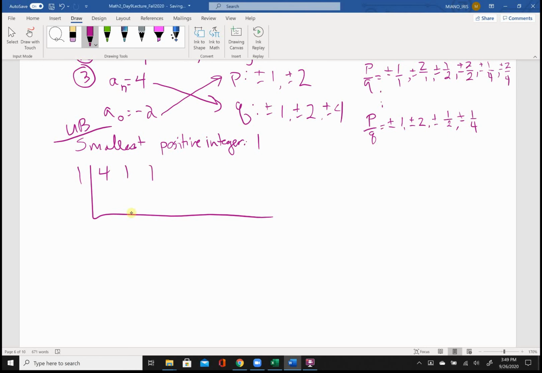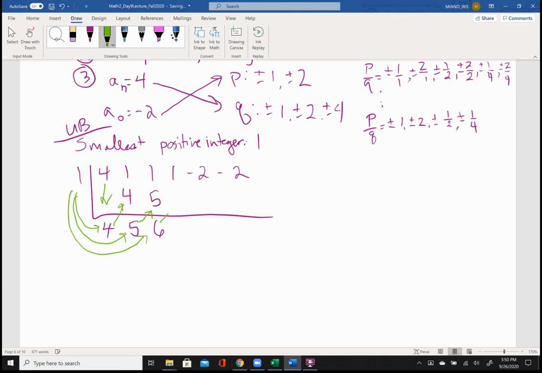4, 1, 1, 1, -2, and -2. Okay, drop it down. That'll be a 4 here. Multiply through. You'll get 4. It's 5. Multiply through there. You'll get a 5 there. It becomes a 6 now.